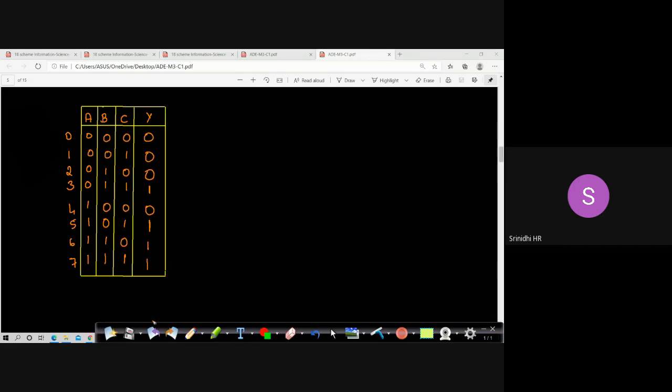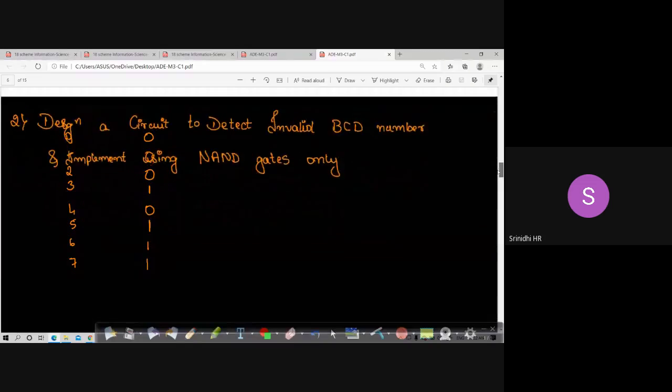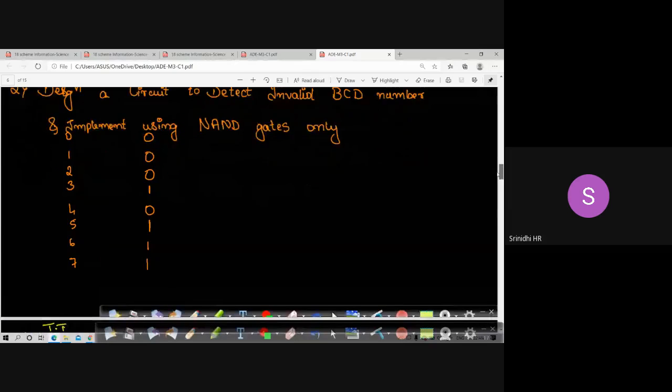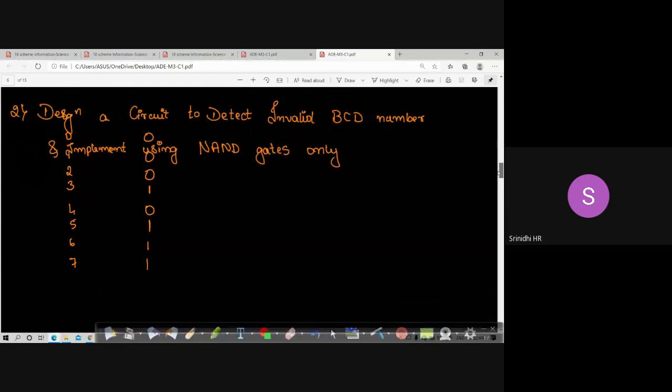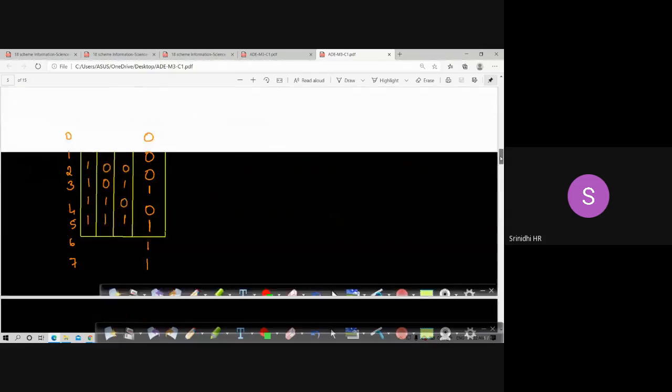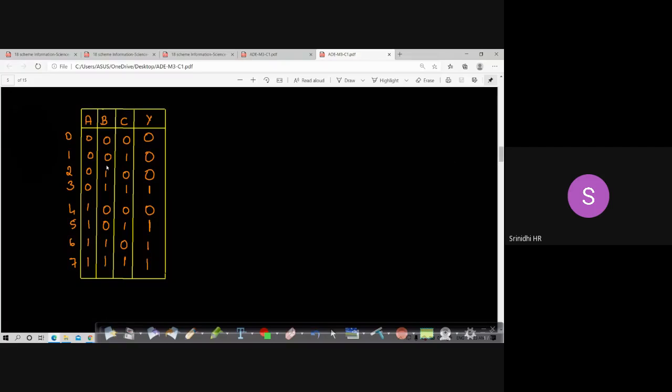Now what is my next step? After writing your truth table, I need to write the circuit diagram. But first I need to write my K-map for this. I need to simplify this whole Boolean expression and reduce it to a simpler expression.